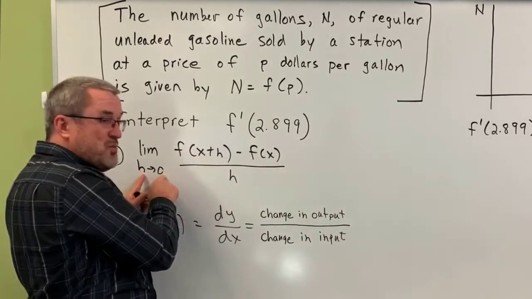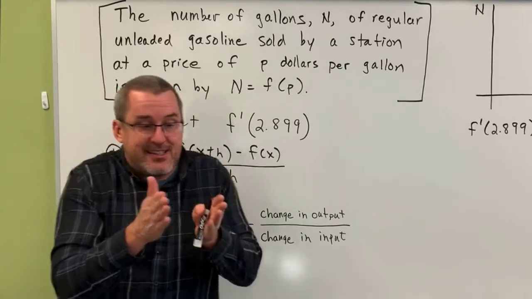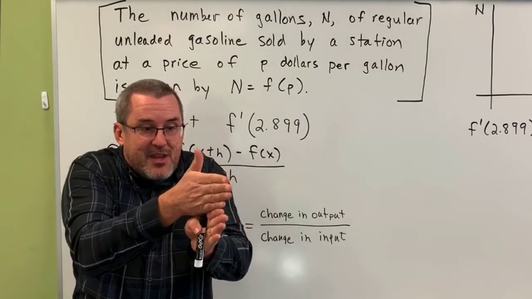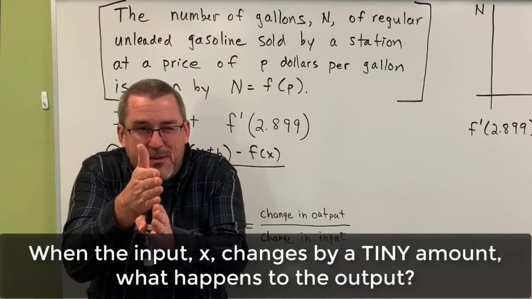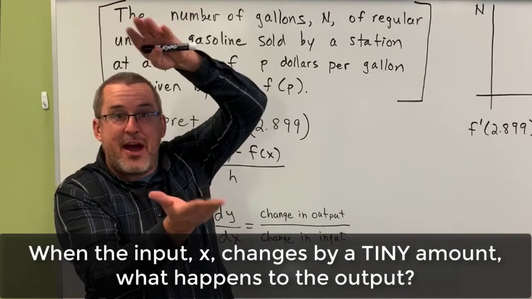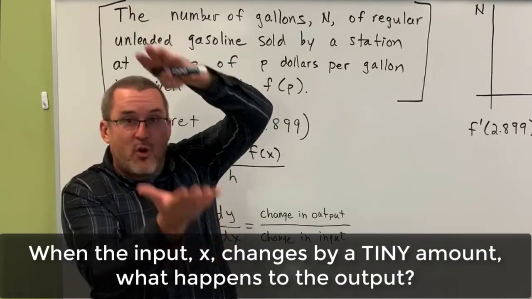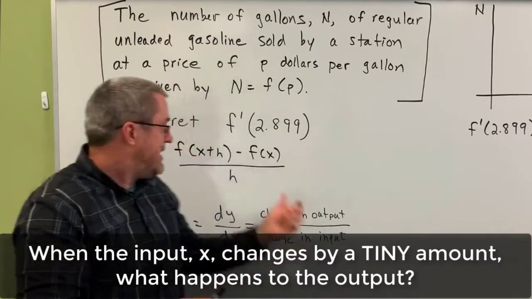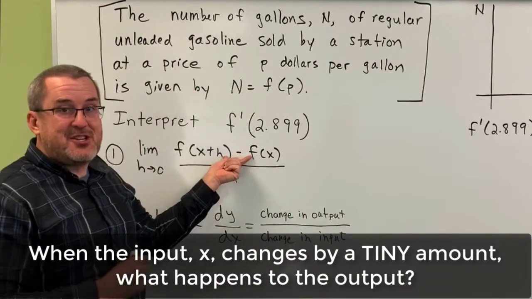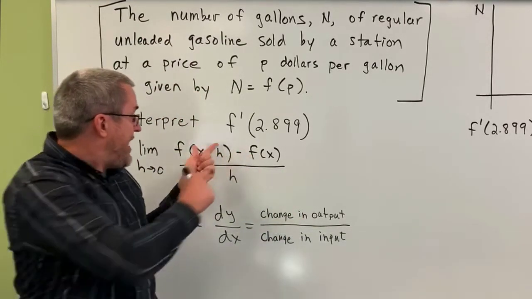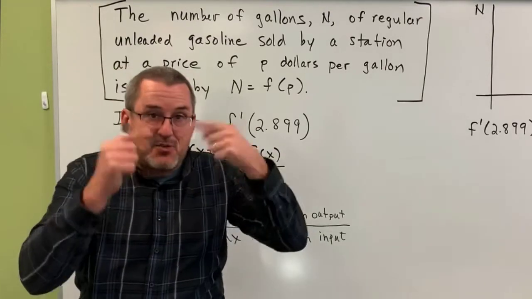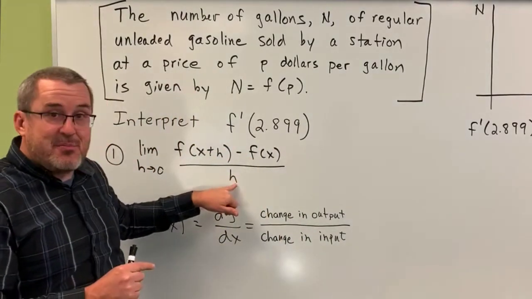So as h gets really, really tiny, what we're saying is input an x, input x plus a little tiny bit, and compare their outputs. How much more or less are those two outputs? That is, what's the change in the output? Now that change in the output is relative to the change in the input.